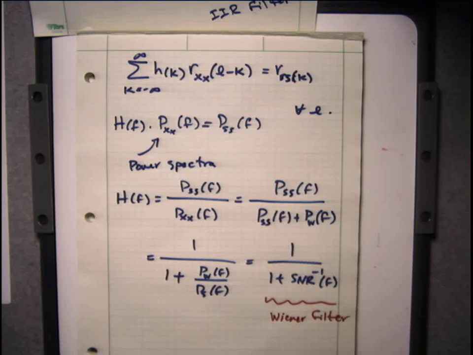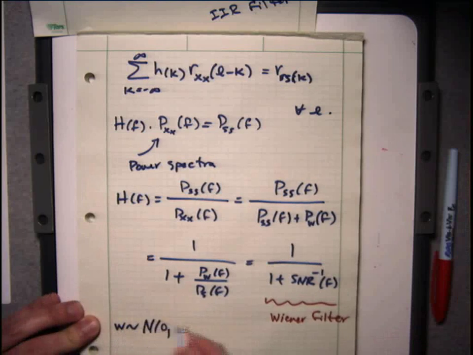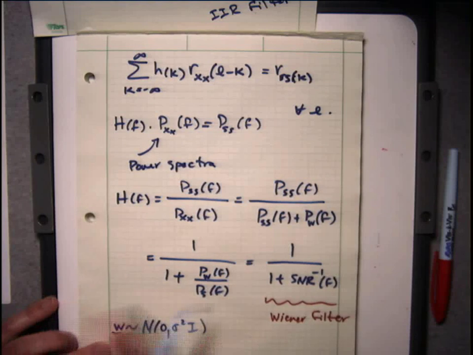Remember, for instance, if the noise is Gaussian, zero mean with covariance, say, sigma squared identity. Now I'm writing this as if it was just a single vector, but really w in this case is an infinitely long sequence of numbers.